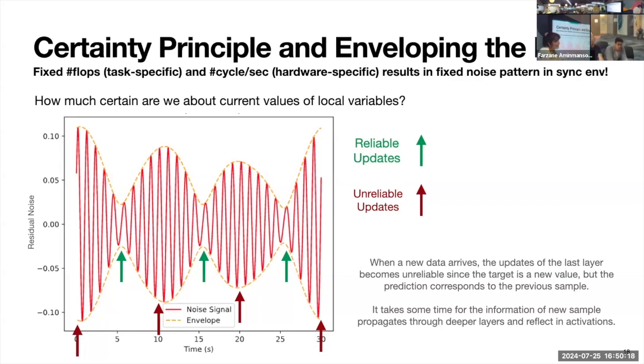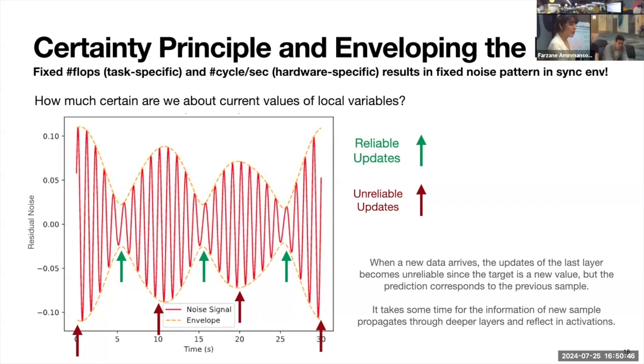It's like a periodic signal that goes up and down. You can look at it as if you don't trust the values at these points because the noise is too big, but then you can trust the values here because the noise is small, and then you can't trust again. Trust, no trust, trust, no trust, right?